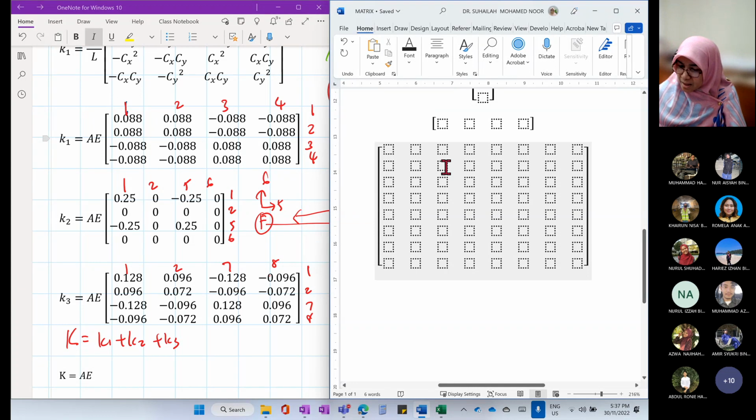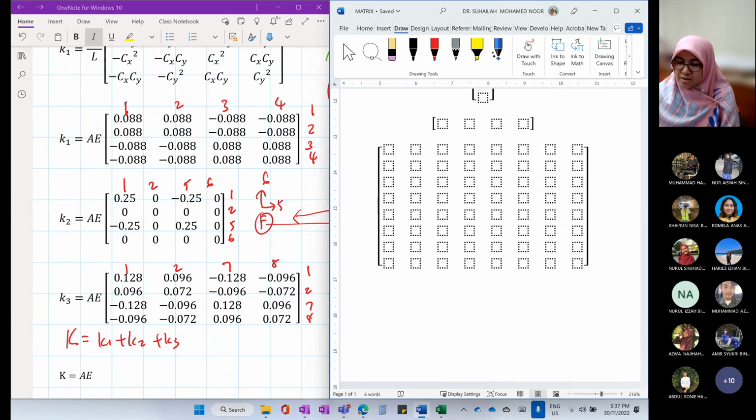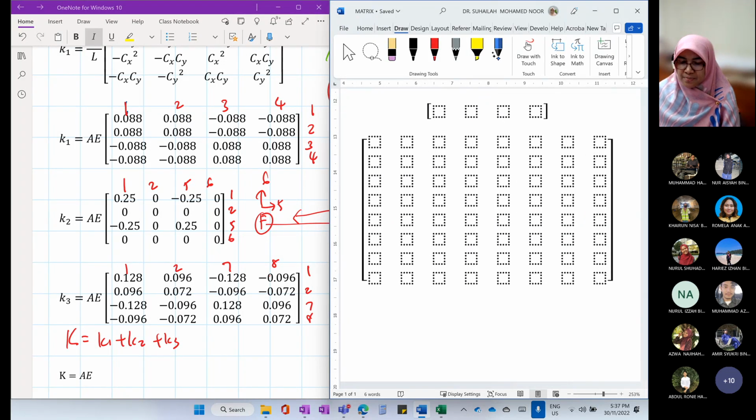This is 8 by 8, with columns 1, 2, 3, 4, 5, 6, 7, 8 and rows 1 to 8. Later on, I will paste it into the OneNote. The positions are in order for the structure stiffness matrix.